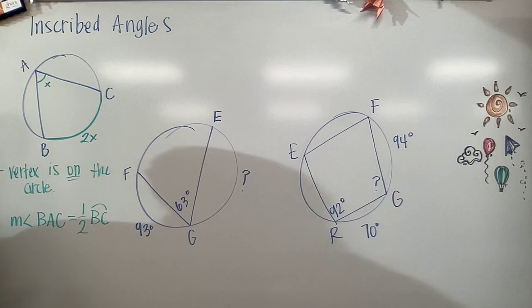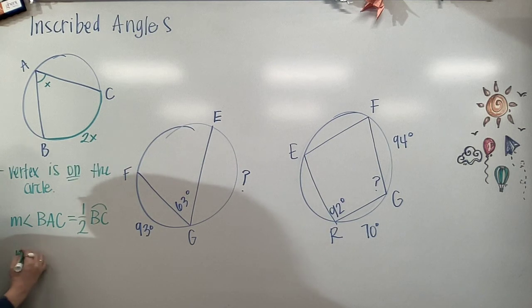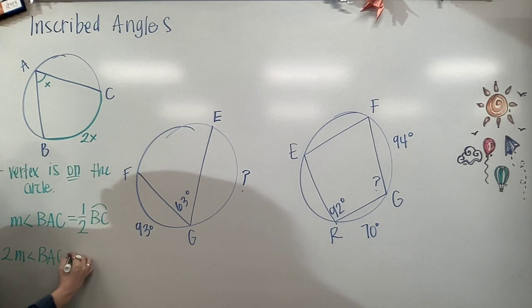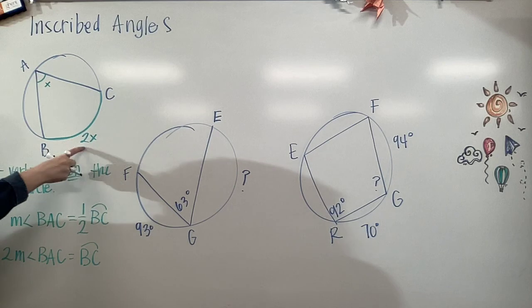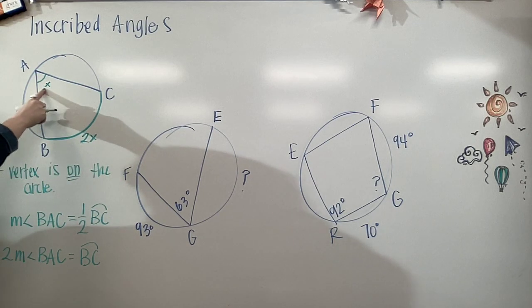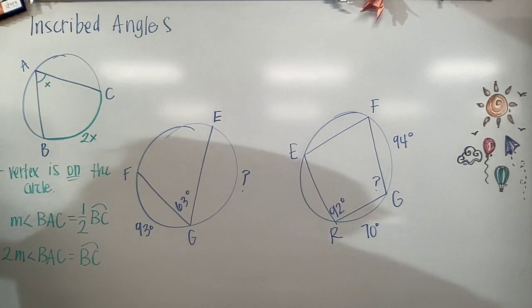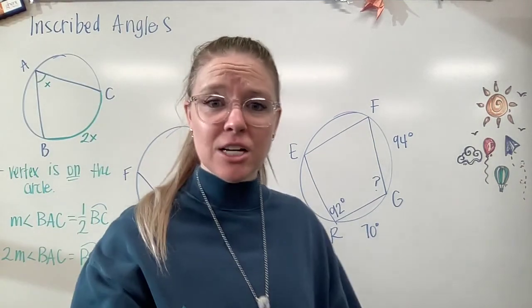Or we could say double the angle BAC is going to be equal to its intercepted arc. So this measure is twice this measure. That's all there is to it. That's not too bad, right?